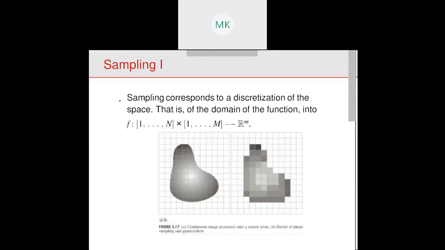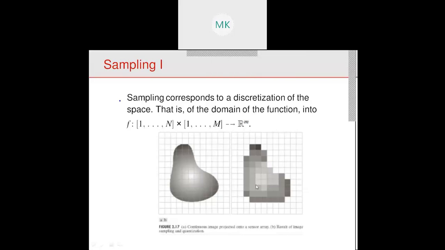Next we'll consider sampling 1, how it is performed. We apply discretization of the space, that is of the domain of the function. This function f can be represented over 1 to n by 1 to m, x varying from 1 to n and y varying from 1 to m. This is mapped on R raised to m.